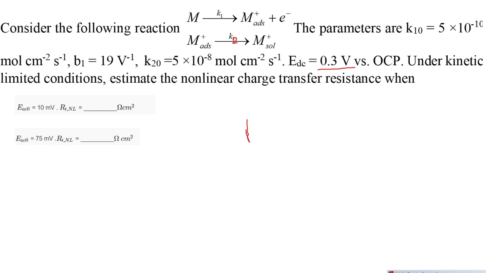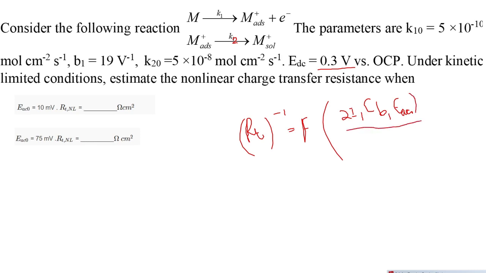So the formula is RT inverse equal to, as discussed in the lecture, F into 2 I1 B1 EAC naught by EAC naught K1 DC 1 minus theta SS.